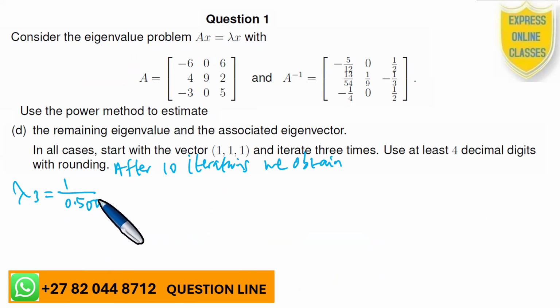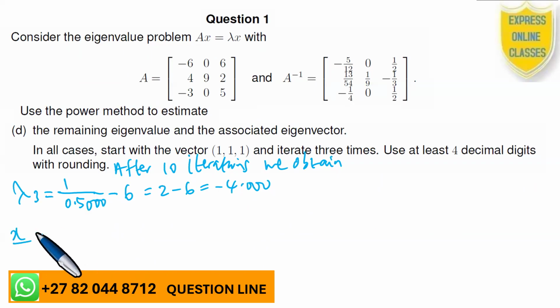So if you do this, 1 divided by 0.5 is 1 divided by half, which is 2, minus 6. 2 minus 6 is a minus 4.000. After 10 iterations, you're going to get this, like we've done.